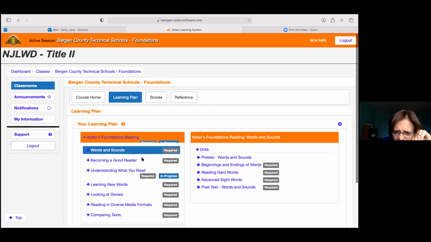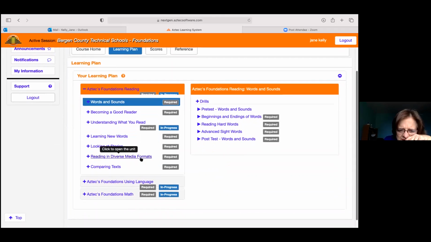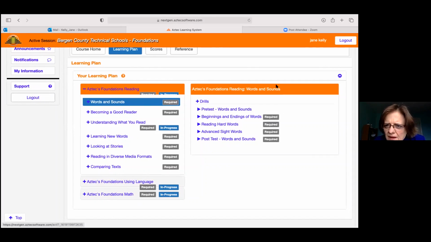Now we have all sorts of things here: reading, using language, and math. For ESL, I might want to do all sorts of things. I could try the pretest in words and sounds.